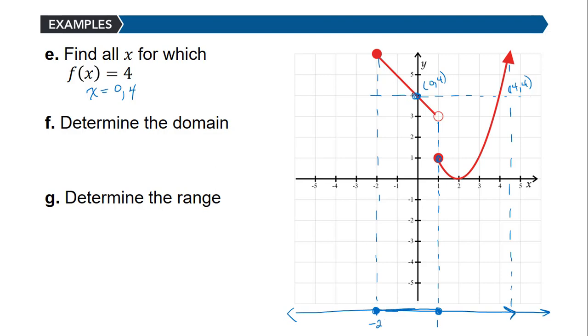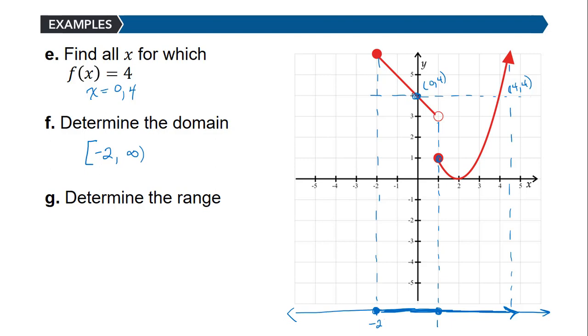And so everything to the right of -2 is included in our graph. We don't have to stop at 1 because 1's included in everything to the right of it. So our domain is just from -2 to infinity.